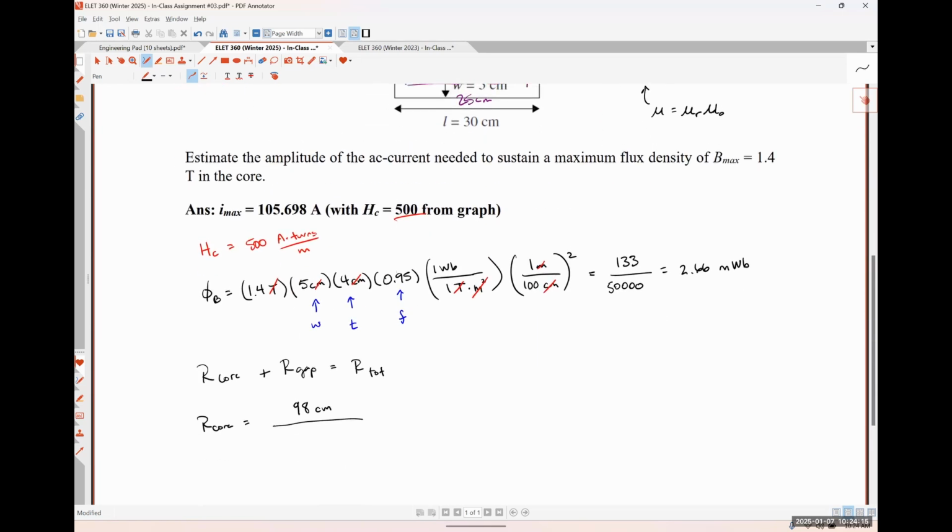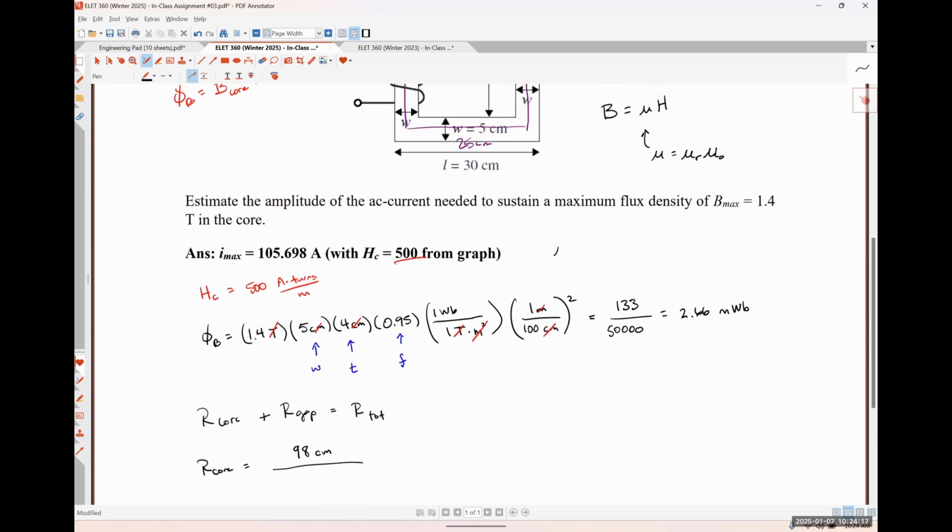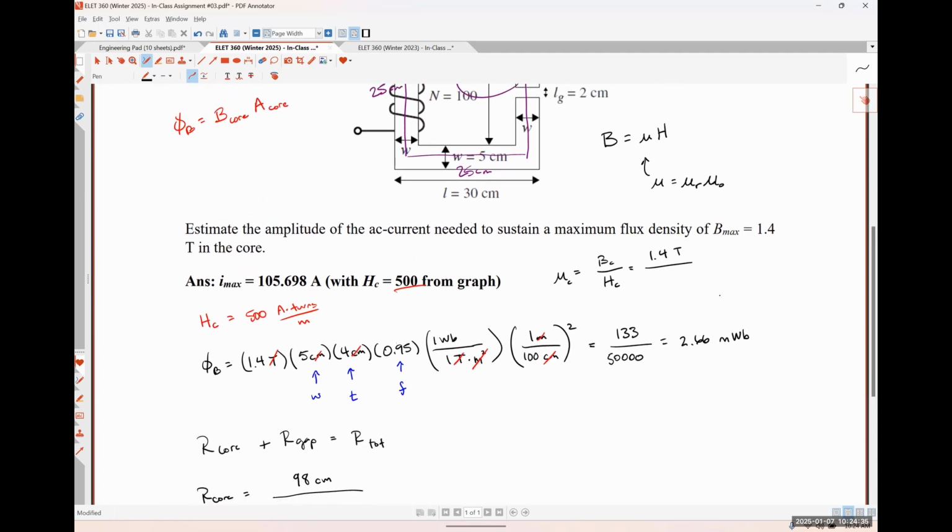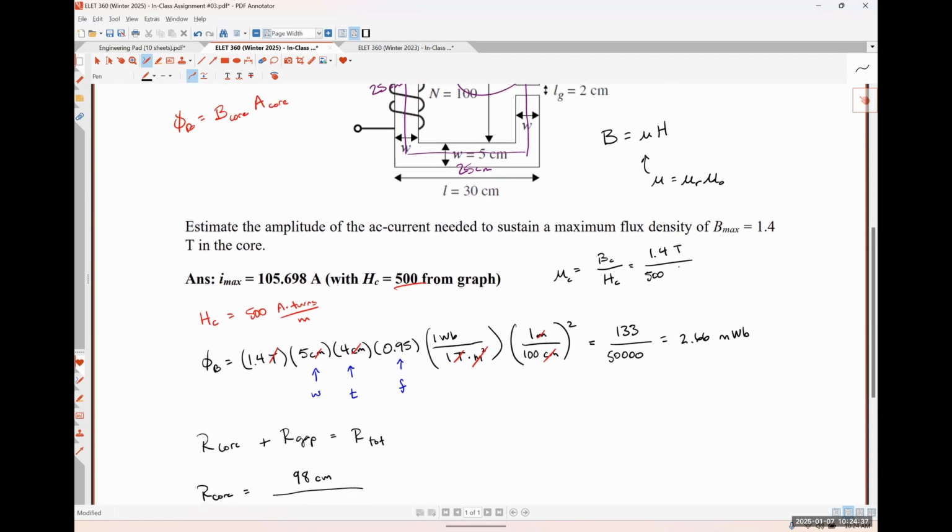So just as a quick aside here, mu for the core is going to be the magnetic field in the core divided by the H field in the core. So that is 1.4 Teslas over 500 amp turns.